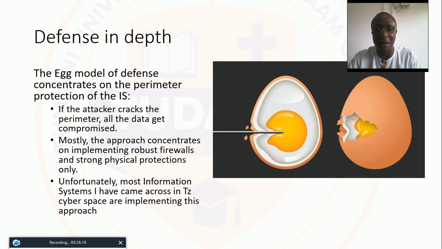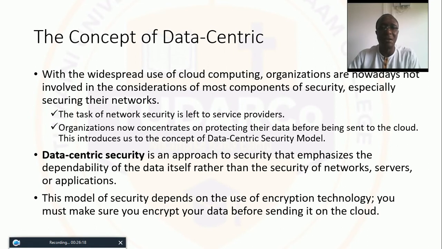Okay. In connection to that, there is a concept we call data-centric in information security. This one actually originated largely after the coming of cloud computing, where people are storing information in the cloud these days. You have Google Drive, you have OneDrive.